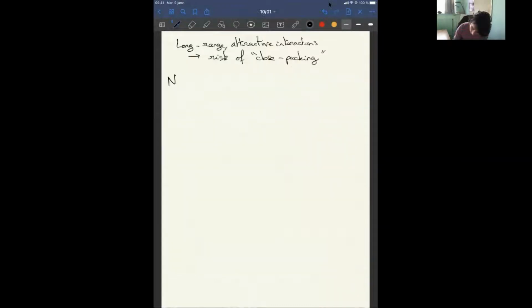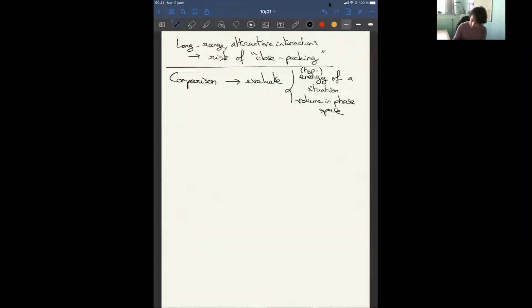For this comparison, we needed to evaluate the typical energy of a situation, and then the volume in phase space, and then combine both, because what appears in the exponent is something like this, and you want to see which situation is smaller.